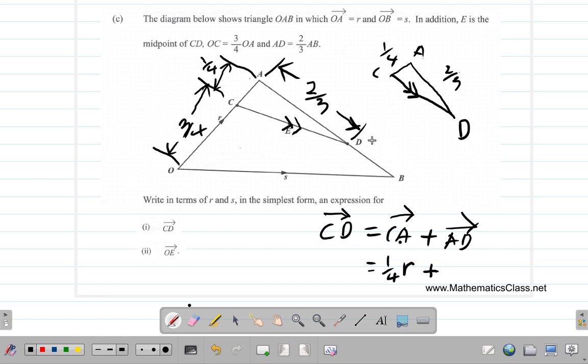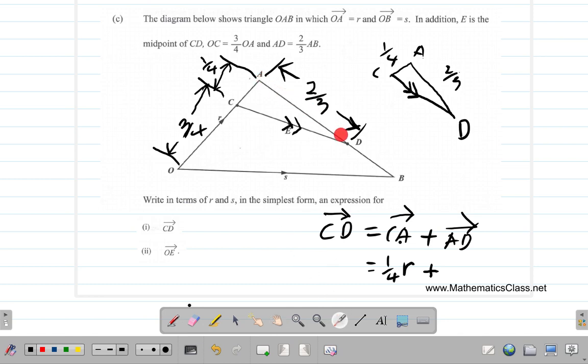Now, we want AD in terms of R and S. But we know that AD is 2/3 of AB. You can see it here.